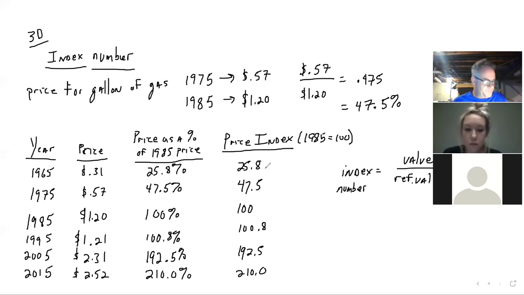So let's say I wanted to compare. Now, as I said, once I build the table, I can compare other years using these price indexes where neither one of them is the reference, which in this case was 85. So say I wanted to compare how much more expensive was gas in 95 as compared to 1965.